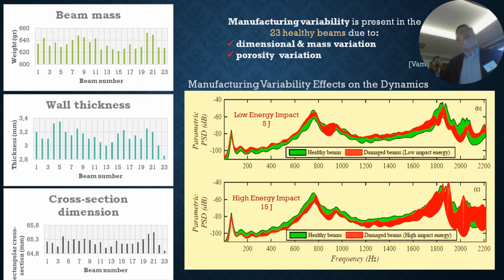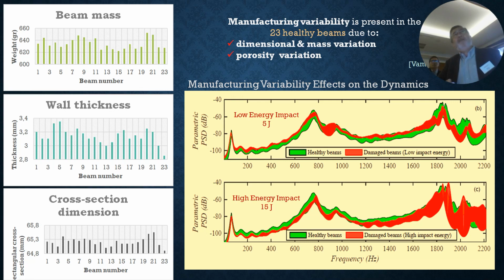But of course, on top of these, you have other effects, like temperature effect and so forth that I mentioned before. So anyway, because of all this uncertainty, if you look at the healthy dynamics in the spectral domain, so this is the frequency axis, and this is the spectrum here, you see that we have a zone, the green zone, that represents the effects of uncertainty on the healthy dynamics.